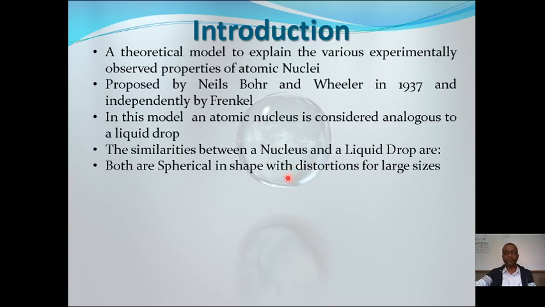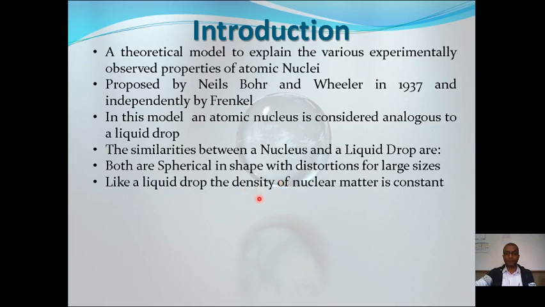Of course, for larger liquid drops, if the size increases, the spherical shape is a bit distorted, because if we imagine a liquid drop which is very big, because of gravitational effects maybe, the shape will be distorted. Similarly, heavy nuclei with more nucleons, that is larger mass numbers, are found to have some distortions from the spherical shape.